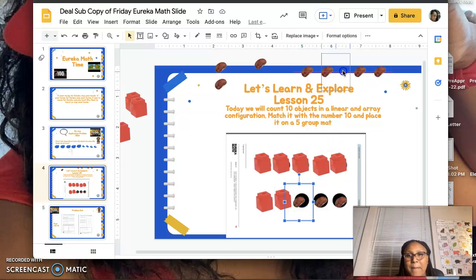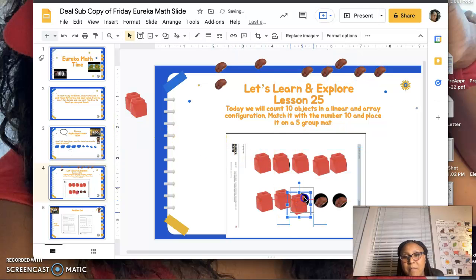Taking away another bean. Bye-bye, bean. Add another cube. I have 8 cubes on my 5 group mat and 2 beans. Take away another bean. Bye-bye, Mr. Bean. Adding another cube. I have 9 cubes on my 5 group mat and 1 bean.